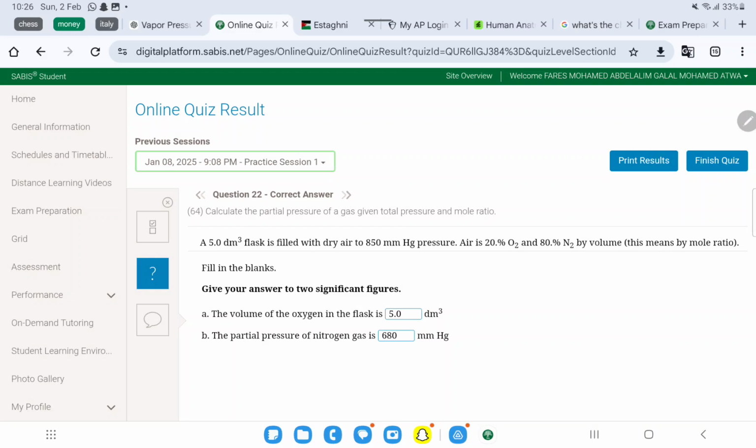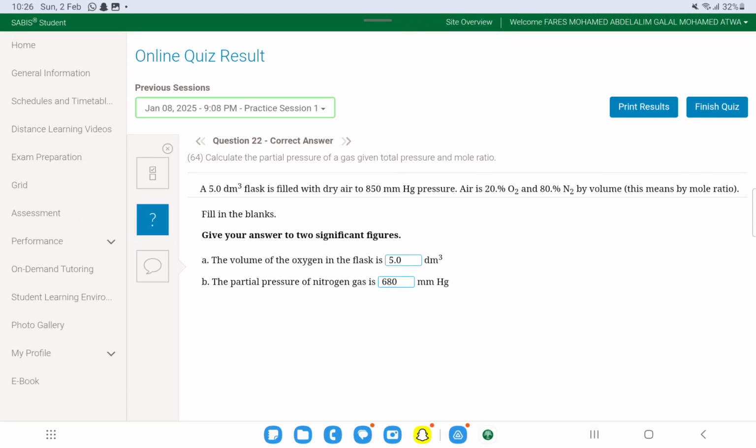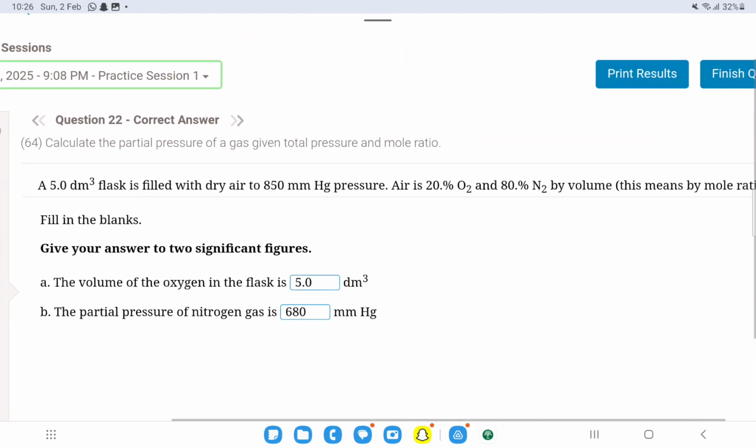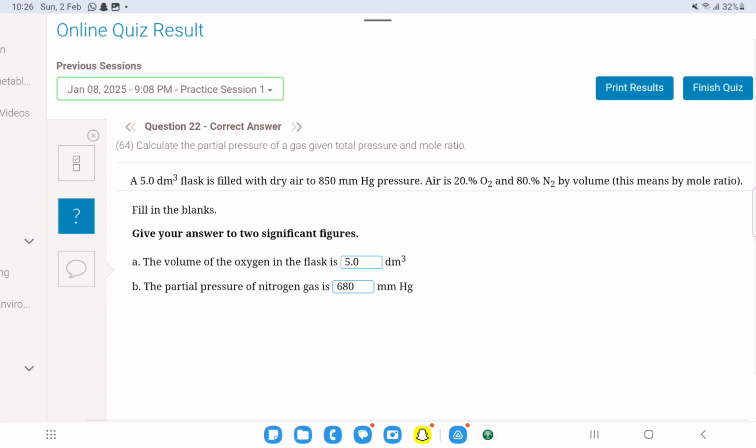A 5 decimeter cubed flask is filled with dry air to 850 millimeter Hg pressure. Air is 20% O2 and 80% N2 by volume, which means mole ratio. So the volume of oxygen in the flask is the total volume of the flask itself, so it's 5 decimeter cubed. And the partial pressure, they gave you the mole fraction of nitrogen, it's 80%.